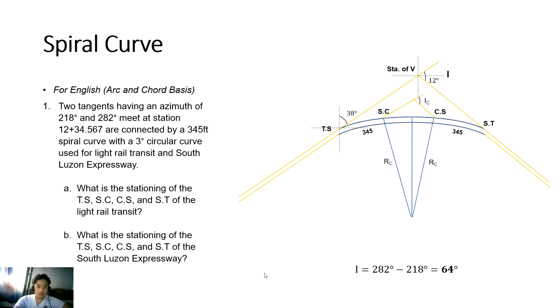Okay, for the next spiral curve, ito naman ay English. Bakit siya English? Dahil dito sa given problem, two tangents having an azimuth of 218 and 282 degree meet at station 12 plus 34.567, are connected by a 345 feet spiral curve with a 3-degree circular curve used for light rail transit and South Luzon Expressway.